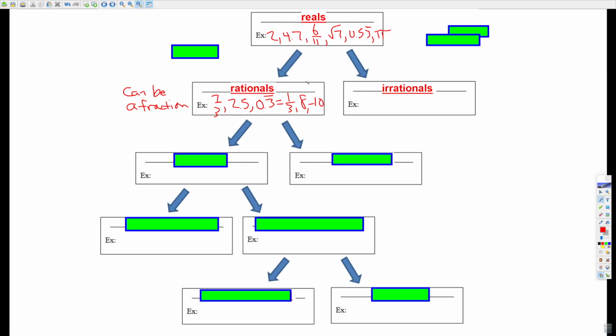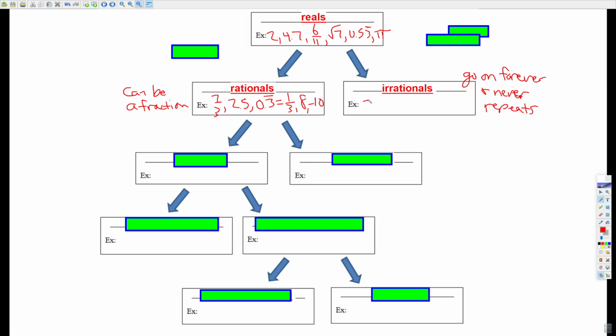So now we're breaking apart from the reals into the rationals and irrationals. Irrationals are numbers that go on forever. So it's a decimal, it never ends, and never repeats, at least in a pattern. This one repeats. It's 0.3 repeating, but this one has a pattern to it, whereas irrationals don't.